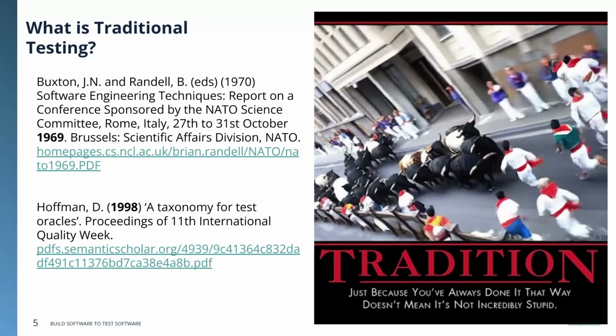But in reality, it is well established that exhaustive testing is impossible. Software testing can only show the presence of defects, not their absence. So if we think about this as traditional testing, then this has a very good tradition of exploring complex systems.